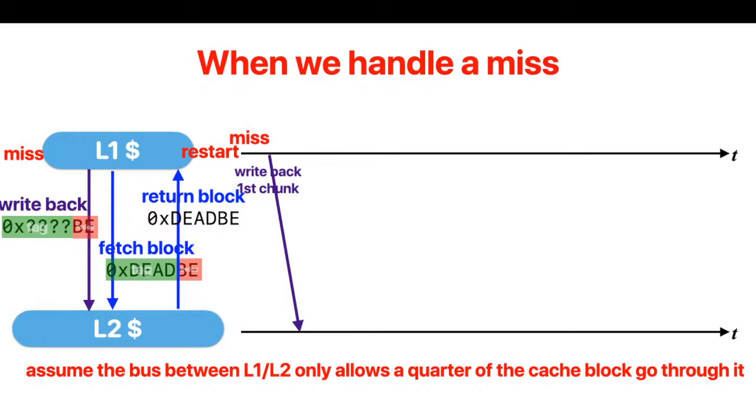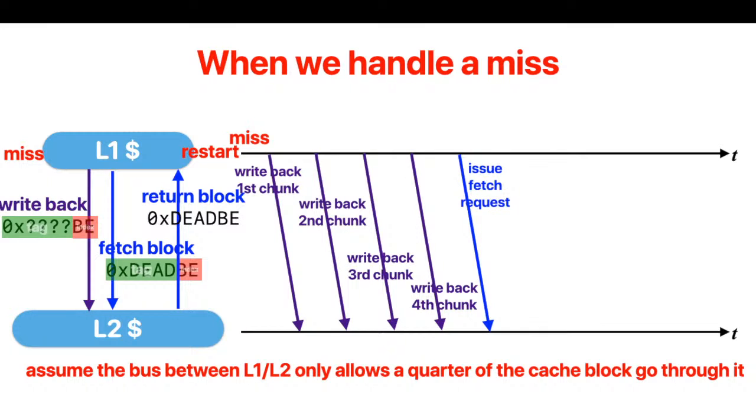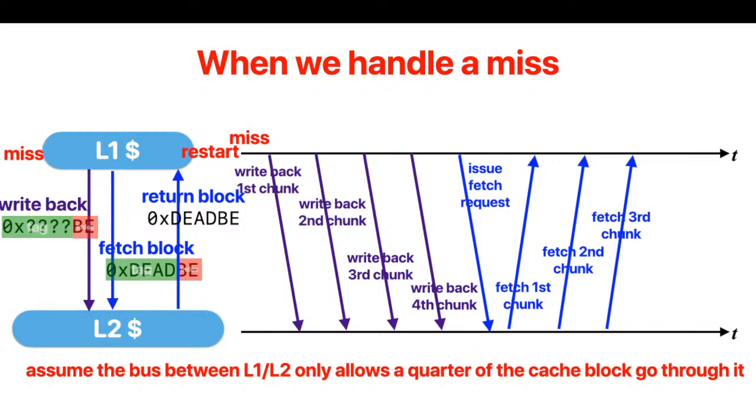So you have to do it in chunks. The first chunk contains the first 8 bytes of data, then the second chunk, and so on. After you finish writing all the chunks, you can finally request the first chunk of the next block. And then, because of the limited bandwidth between your L1 and L2, the missing block also has to be returned in chunks in this way. So the miss penalty is more than you can ever imagine.